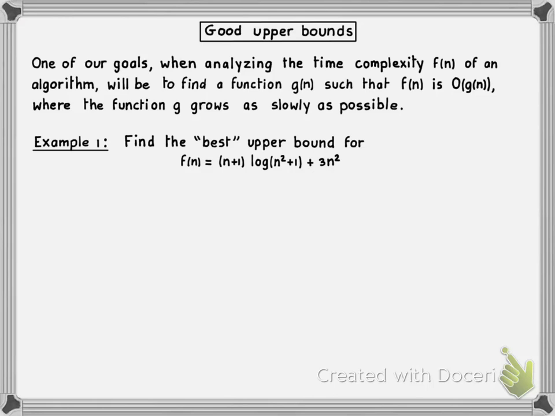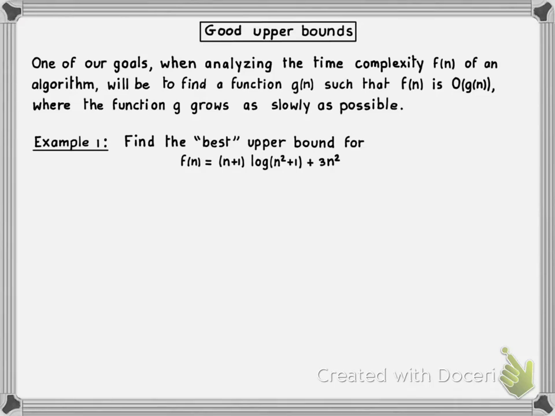The second component in the addition is 3 times n squared. So to determine the big O upper bound that most closely approximates the function f of n, we're going to proceed from left to right by considering the components of f of n one by one.